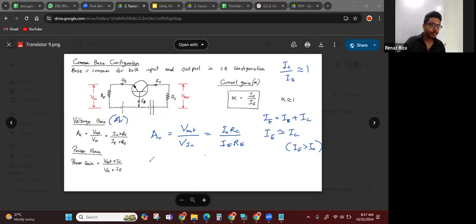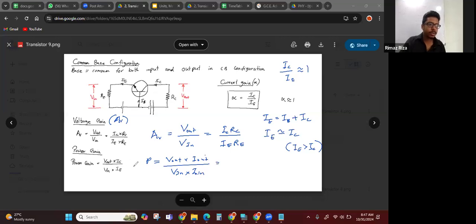And then the power gain. The power gain we can write equals to V out into I out divided by V in into I in.